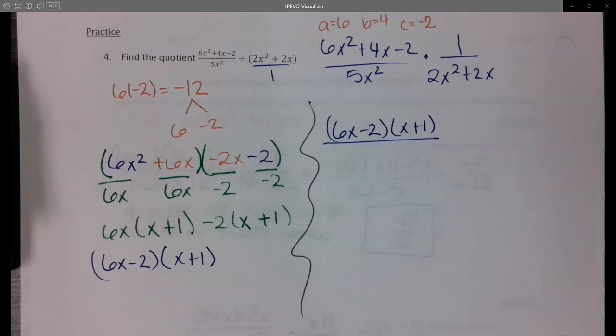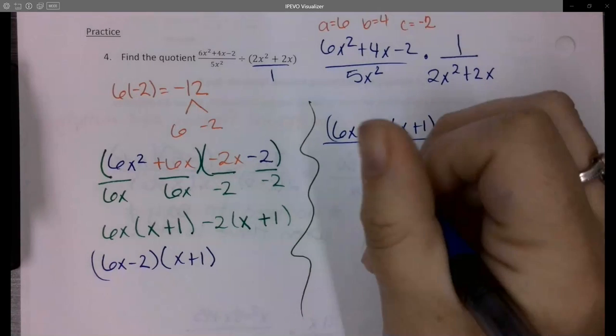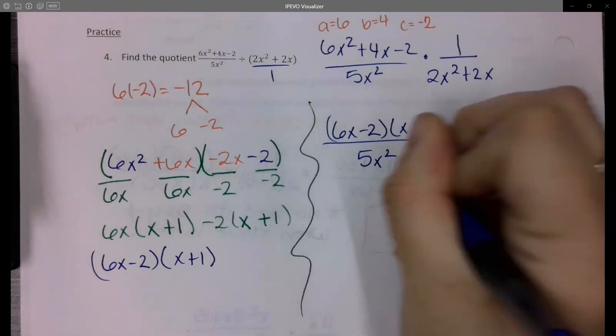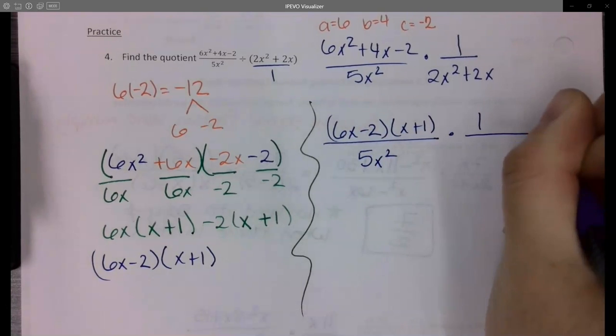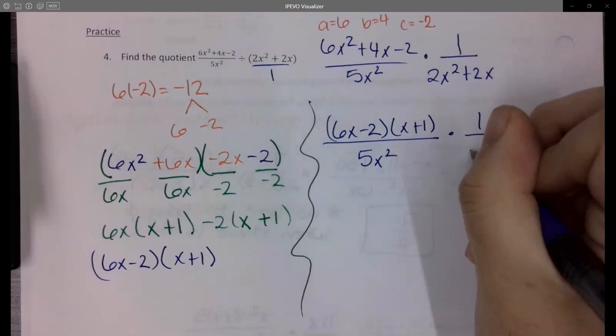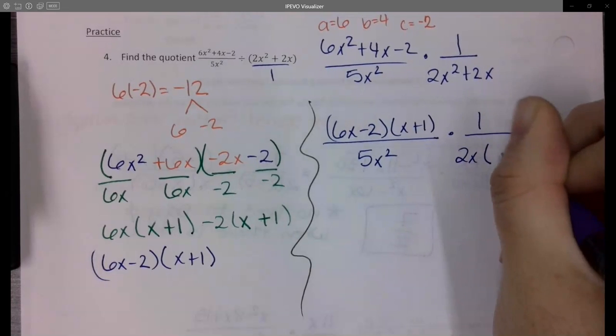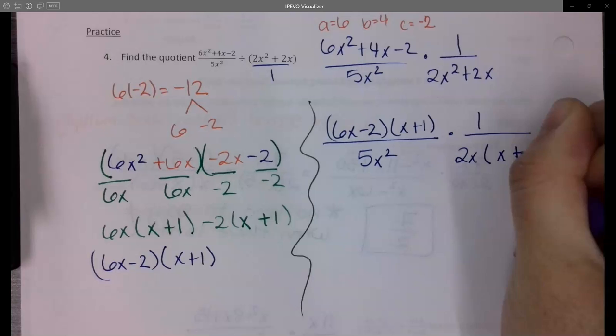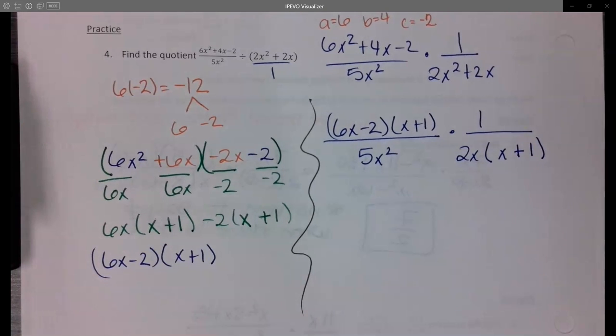The 5x squared. Should that get factored? Just stays 5x squared. Then I have the 1 on top. Can't really do anything with that. And then the denominator of the second fraction. Can I factor anything out of 2x squared plus 2x? 2x. So then I'm going to have x plus 1 when I factor.